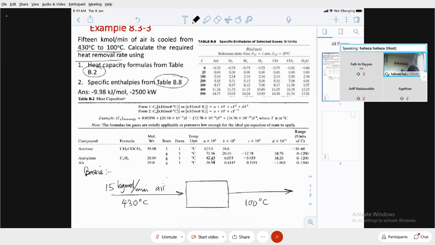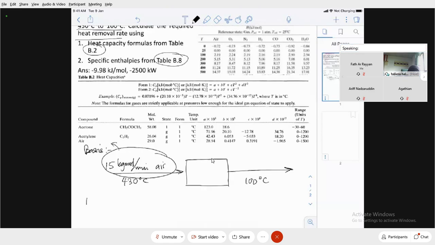What is your reference state? On the table there. If you're using table B2, what is your reference state?